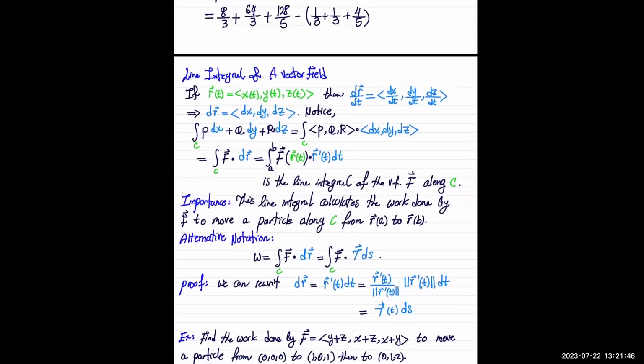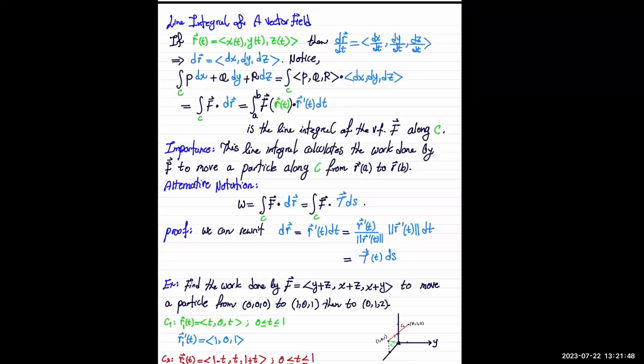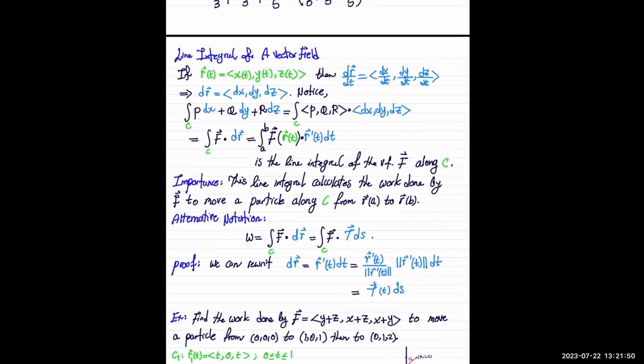So imagine we have a curve, and this curve is in space, right? There are vectors here. What do these vectors do? They push and pull things around. They move things around.